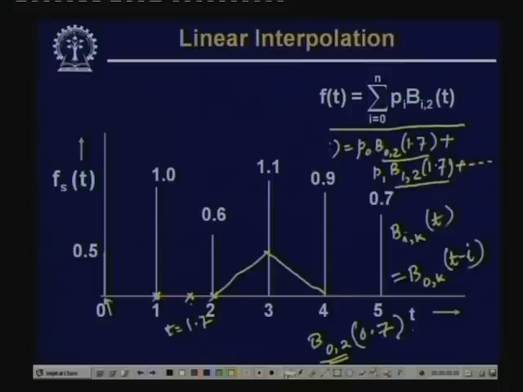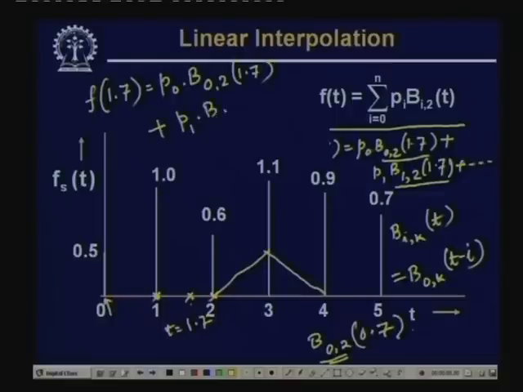So, in this case f of 1.7 will be given by p 0 into b 0 to 1.7 plus p 1 into b 0 to 0.7, because this is same as b 1 to 1.7, where value of p 0 is equal to 0.5, which is the sample value at location t equal to 0, and value of p 1 is equal to 1, that is the sample value at location t equal to 1.